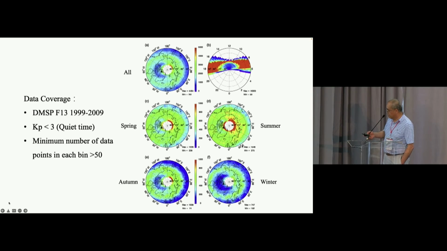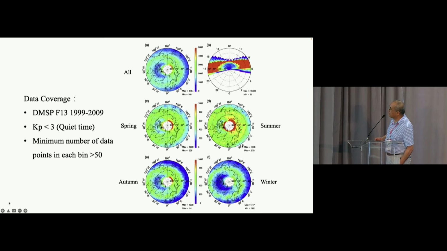So this uses DMSP data from 1999 to 2009, about 10 years of data, with Kp smaller than 3 as the criterion to pick the data. The minimum number of data points for each bin should be greater than 50.